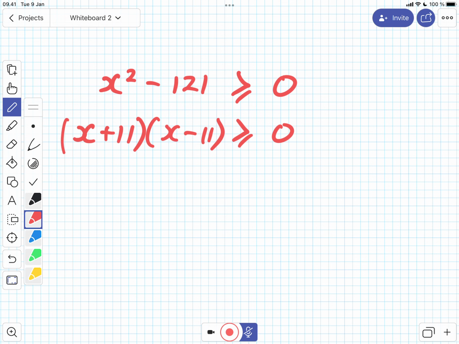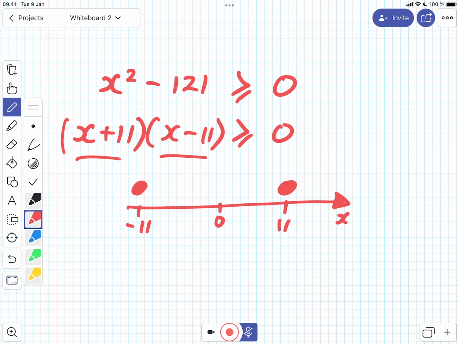So again, let's think about the number line. You've got 0 in the middle. So these are values of x, and at 11 and minus 11, the whole thing is equal to 0, because those are the values that make the brackets equal to 0. Let's think about a very big value up here.